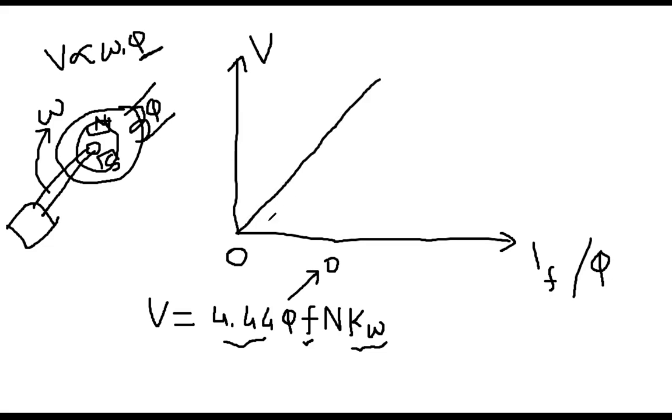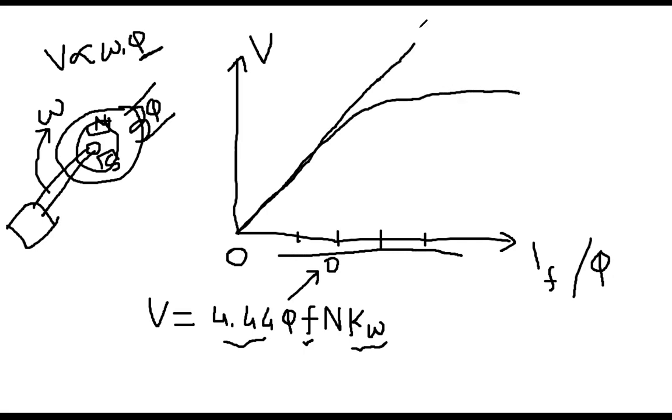You see, this is the linear approximation, linear variation. But in real practice, what happens? The field current or the flux is increasing gradually, but at some point the voltage does not increase. It looks like it was going up, then after some point it becomes flat like that.